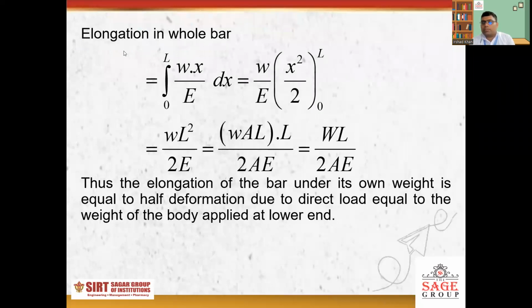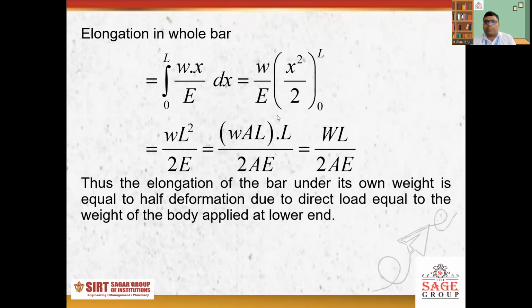Now we have calculated the elongation at a small section, and to get the elongation of the whole bar, we have to integrate from 0 to L. The elongation of the whole bar equals the integral of w x upon E, where A cancels out between numerator and denominator. Small w upon E is a constant, and x integrates with respect to x to give x square by 2.